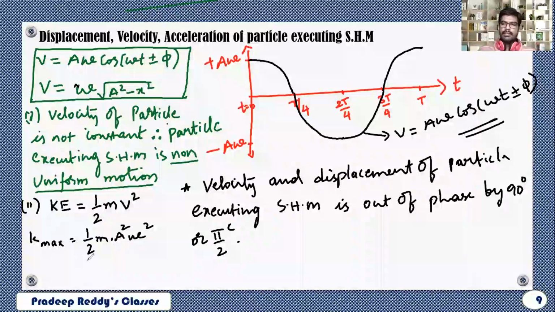Maximum kinetic energy for the particle is at mean position, and the kinetic energy will be 0 at extreme position. This is how velocity of a particle varies when it is executing simple harmonic motion.